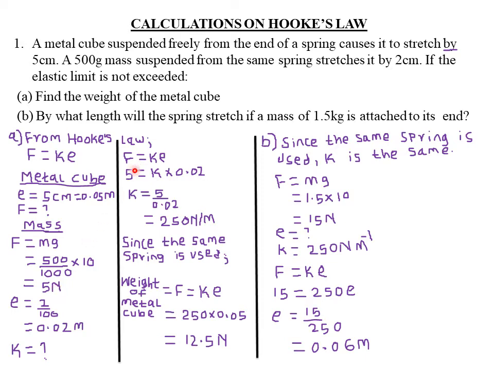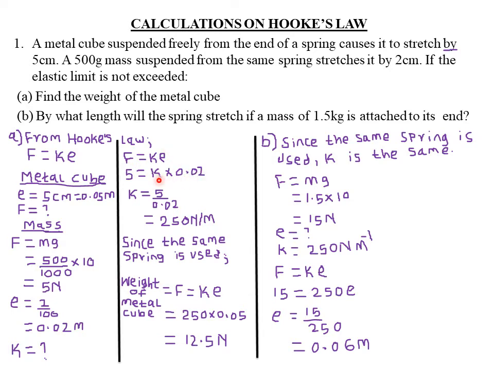Then the extension of the spring as a result of suspending that mass, we have already found it to be 0.02 meter. Actually, we are given the extension in the question. We have only expressed it in its SI units. So I have the force, which is 5 Newton, and the extension, which is 0.02 meter.